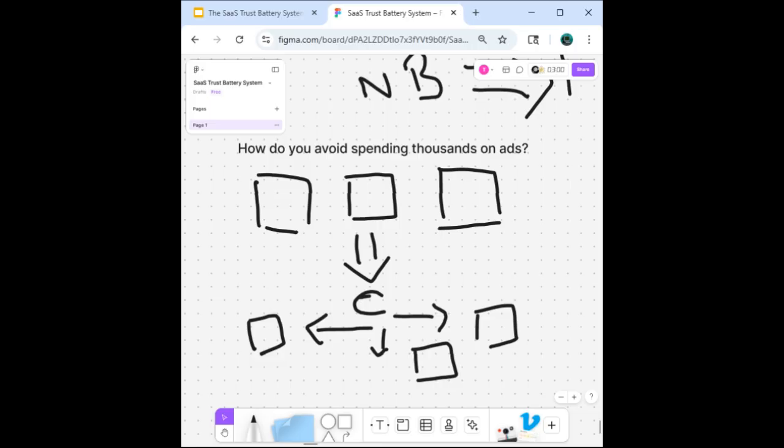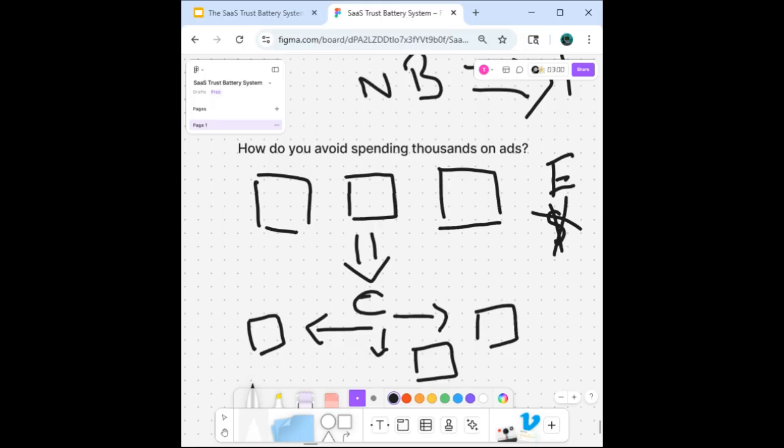The whole goal of these bits of content is to educate your target customer. Your goal is to make them a lot more knowledgeable about what their problem is, what your solution is, and the most important thing here is you're not going to try to get them to buy something from you.